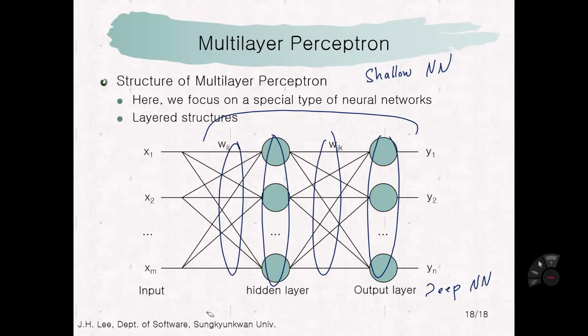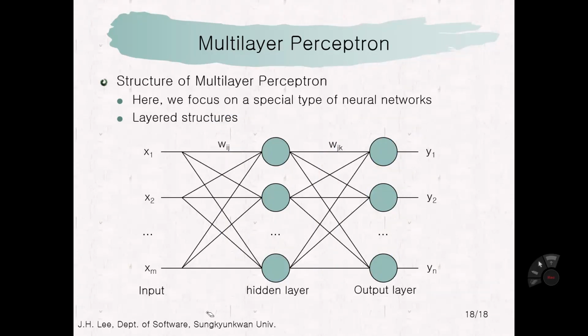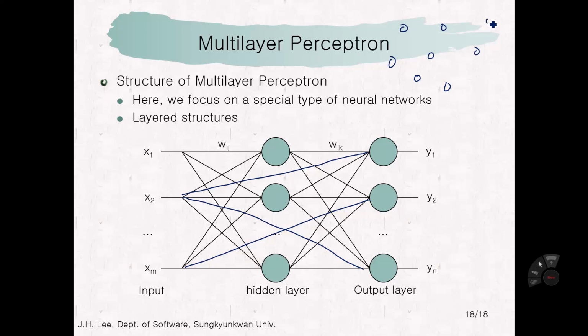So please remember. And also, if you see here, there is no connection from here to here, right? But you said that in our brain there are neurons, and neurons are connected somewhat randomly.